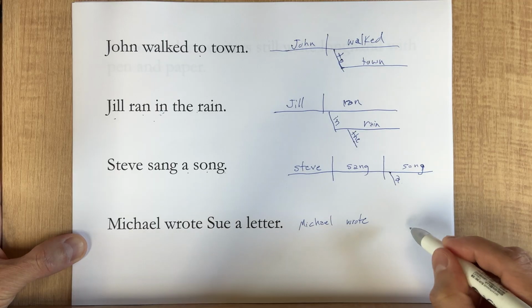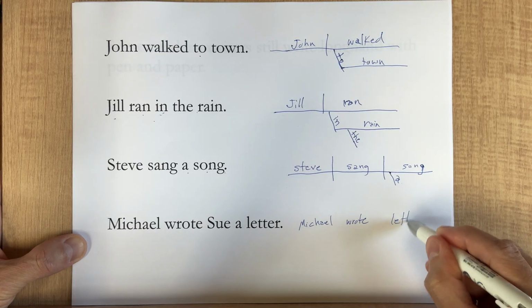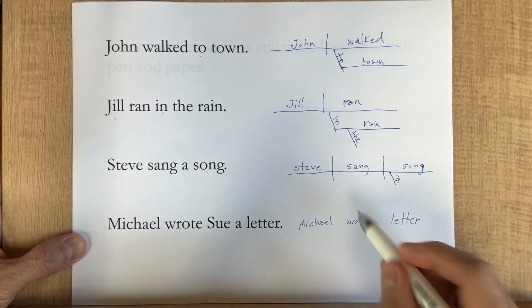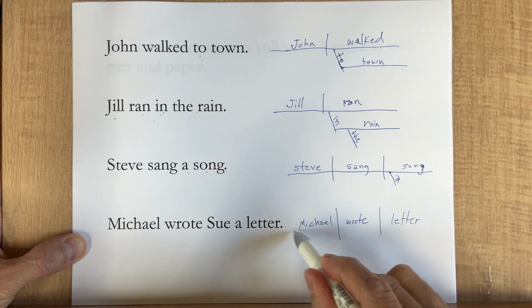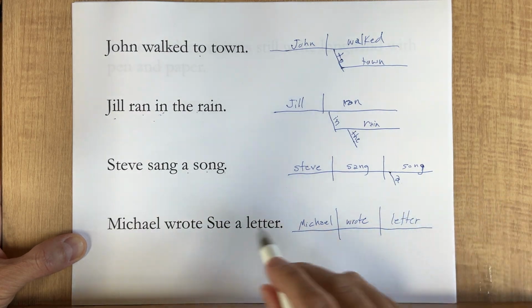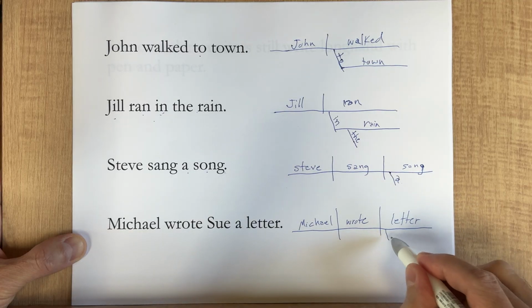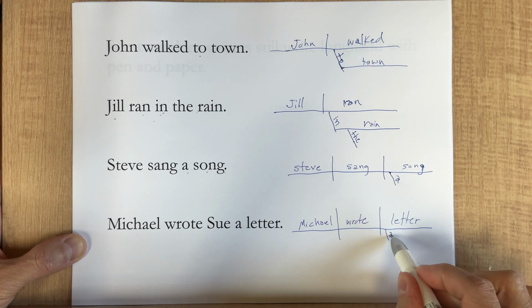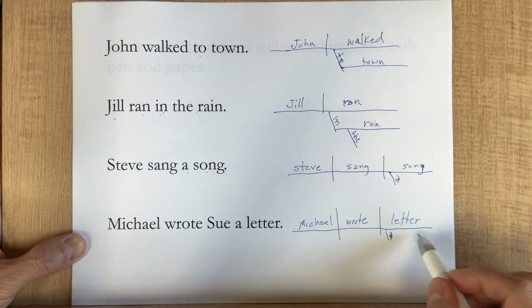So in this case we put letter here. And then put our dividers in and our baseline. And we know a letter, that functional word, or in this case, a would go there.